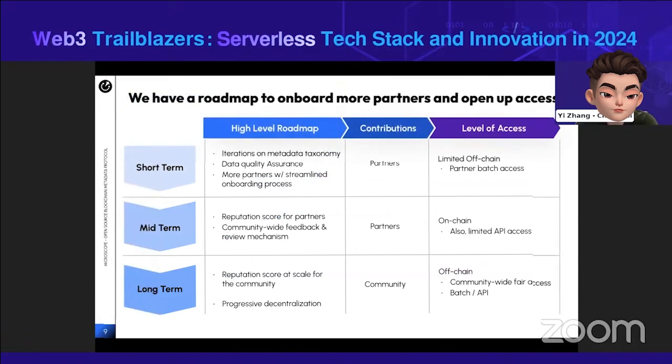Here we go. There is our roadmap. And I think we can summarize what we have done. We started this project at the beginning of this year. We did three things as very important achievements. The first one: we iterated the metadata taxonomy.